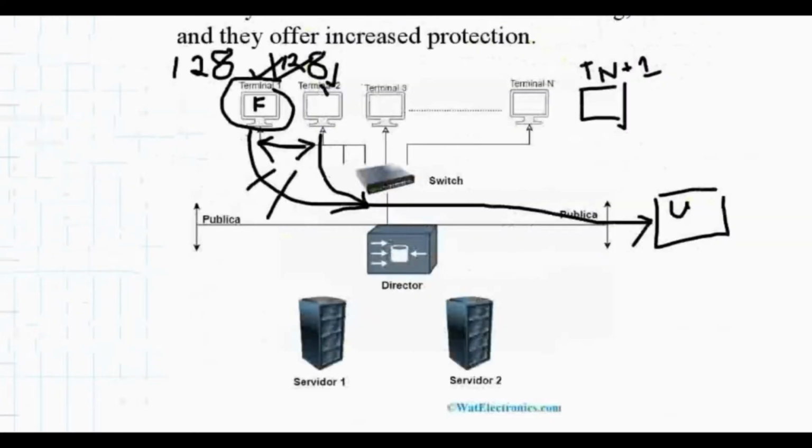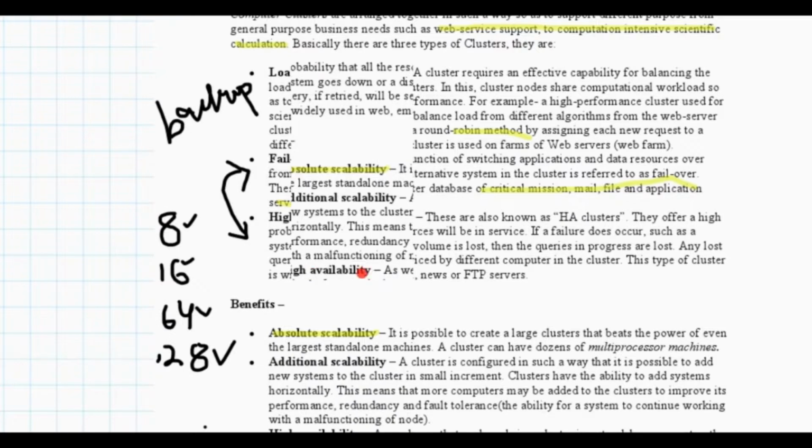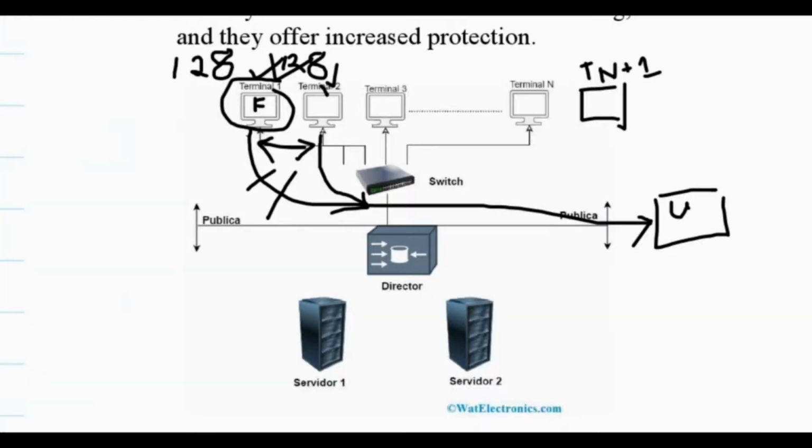Just think, if a particular machine goes off, nothing happens. The entire computational task can be done by using the remaining terminals or remaining nodes in the architecture. So this is basically high availability. The user of this cluster computer service will not be able to understand when a node fails.